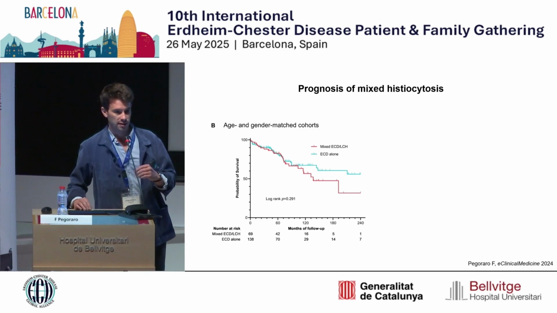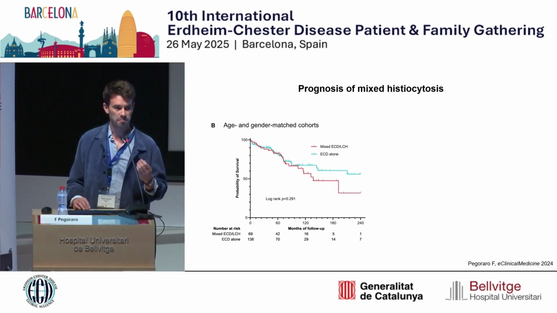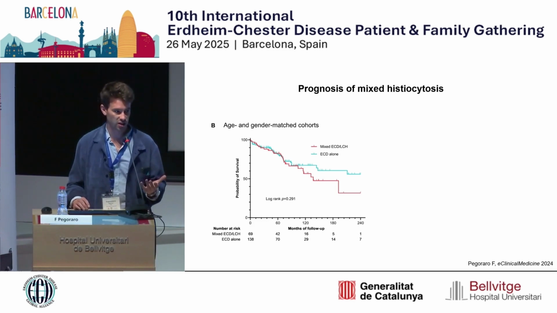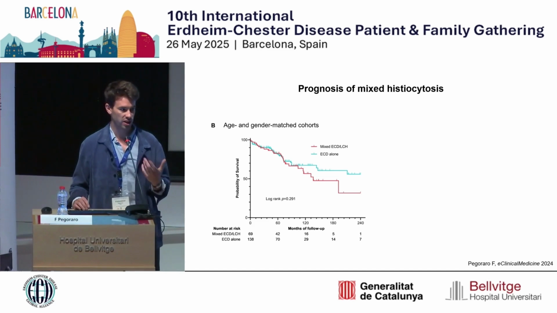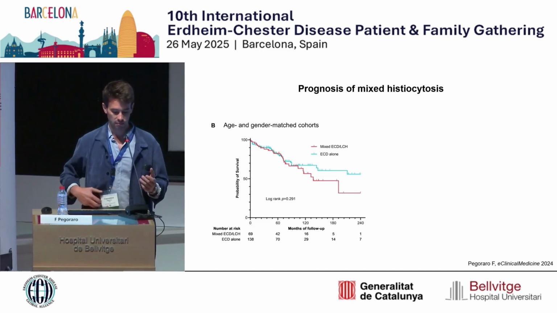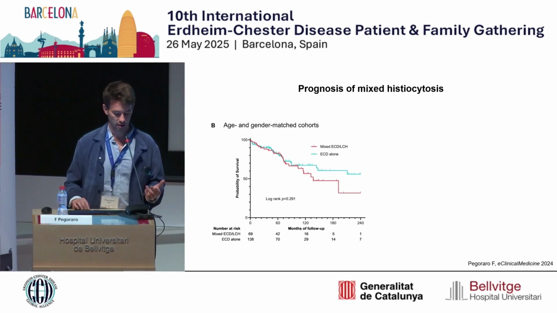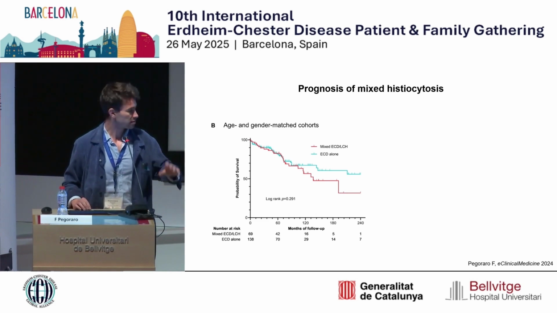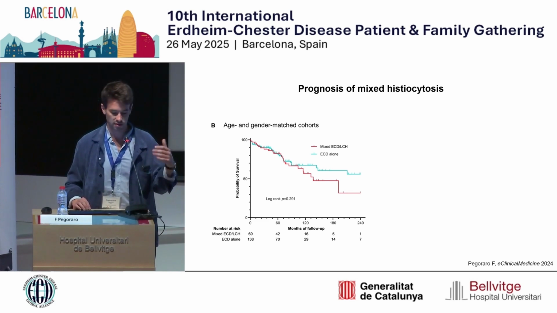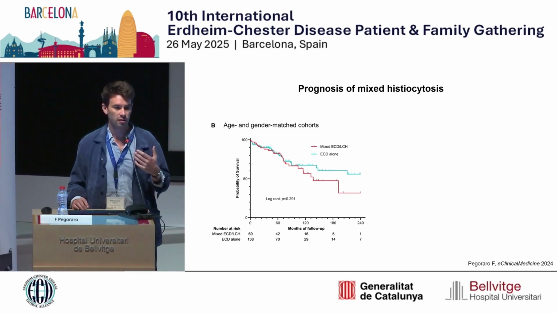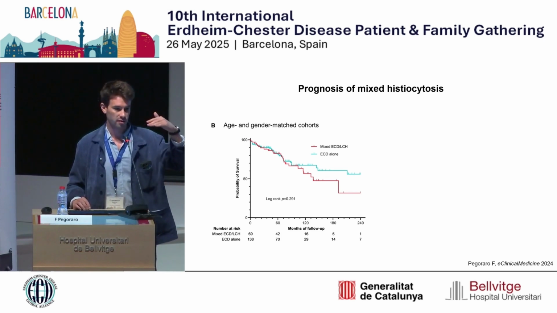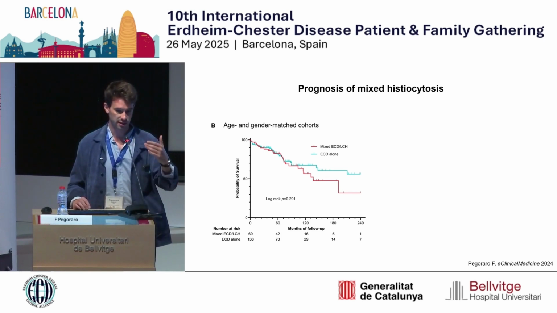But does having a mixed histiocytosis change the prognosis, change the survival? Probably not. Just trying to explain it very simply, this is a representation of survival. The higher the curve stays, the better it is.